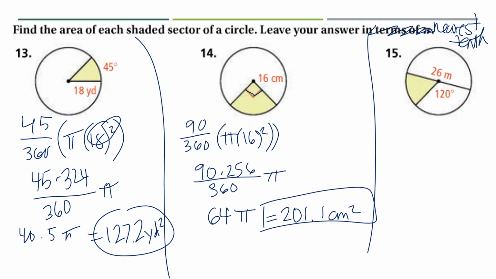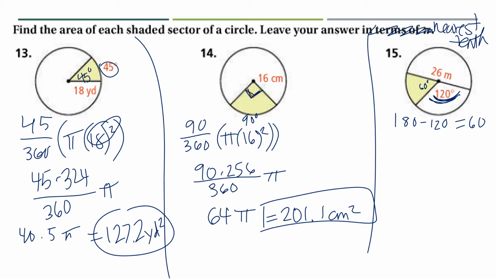For 15, it gives us this arc here is 120, which means that this would be 180 minus 120, which is 60 degrees. So this little yellow piece is 60 degrees. And again, remember, this is the same as this outside measure, and this is the same as this angle measure.